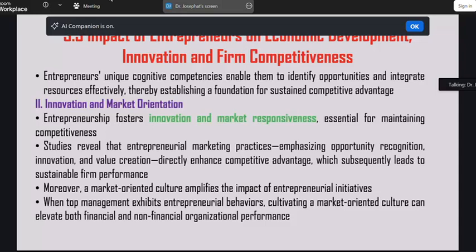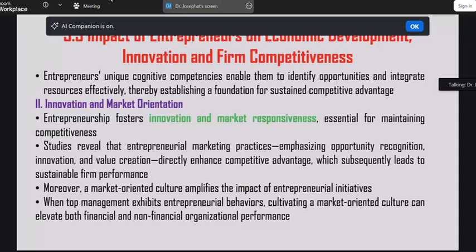So when top management exhibit entrepreneurial behavior, as well as cultivate a market-oriented culture, this can elevate both financial and non-financial organizational performance. So those kinds of firms, or top management, exhibit this entrepreneurial behavior, the behavior of innovativeness, the behavior of risk-taking, as well as the behavior of creativity and the likes.